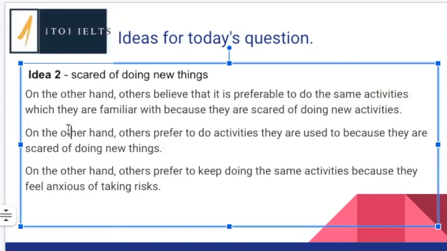If you use on the one hand, we can use on the other hand for our second body paragraph. That's great. And then use some kind of conjunction like because or as to indicate you're giving a reason, because that's then very, very clear language to show, okay, this is the main idea. Make sure that when we're reading the topic sentence, we can work back from the topic sentence and guess what the question statement is.